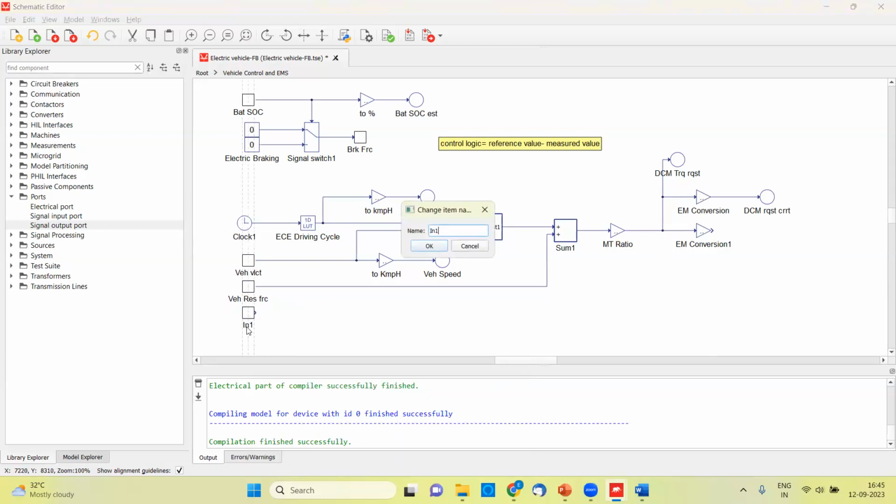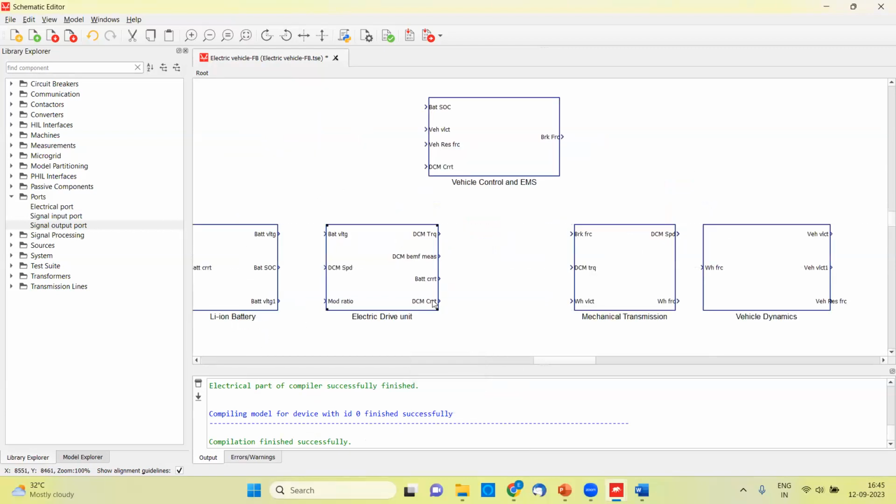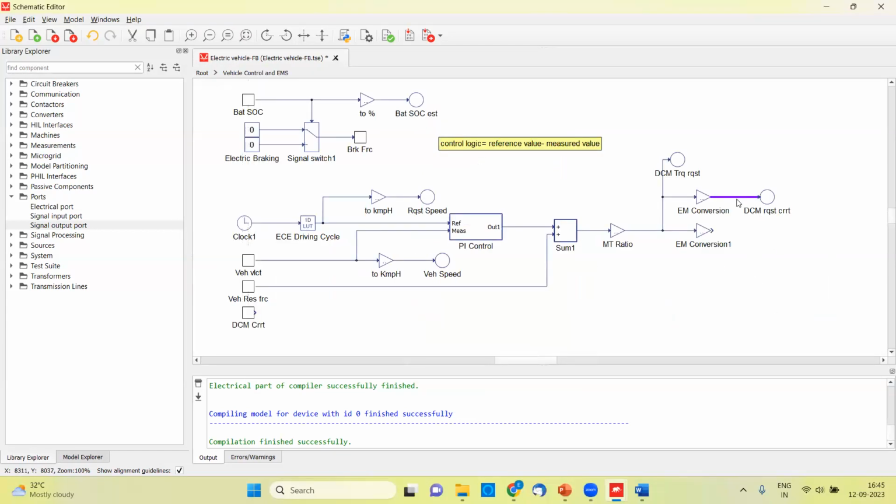The name of this signal input is DCM current. If you remember, we calculated the DCM current in the motor. This is the output of DCM current, and we will be feeding this over here in the controller unit. So this is the measured value of the current, and this is the calculated value, that is the requested value.